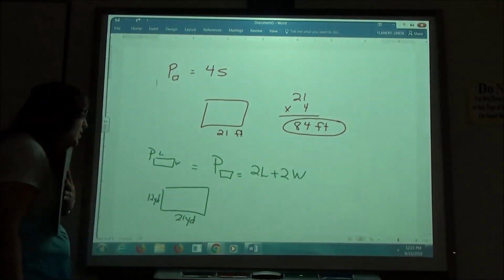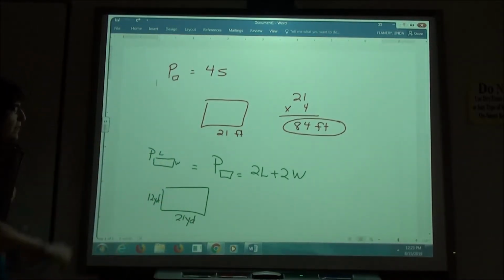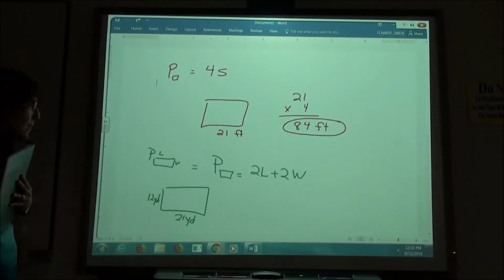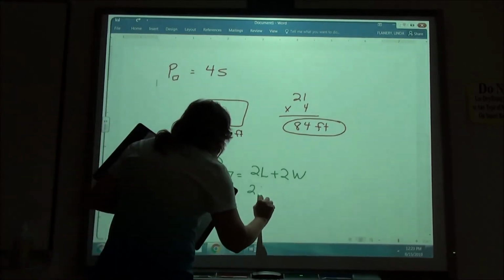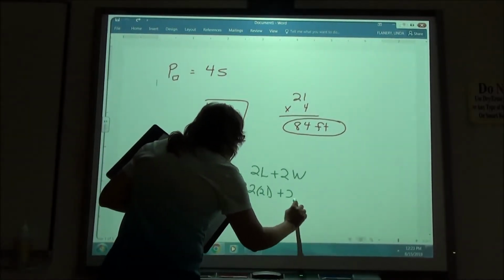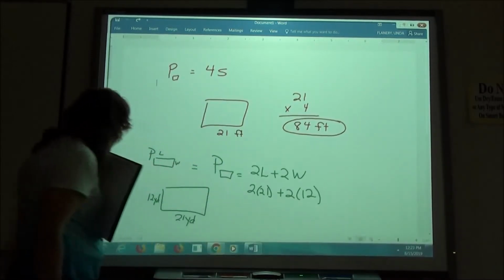So plugging that into my formula, it really doesn't matter which one is the length and the width. Normally in math, the length we would say is the longer side and the width is the shorter one. So I'm going to say the 21 is the length and the 12 is the width, but if you mix them around, doesn't matter. So I would take 2 times 21 plus 2 times 12.